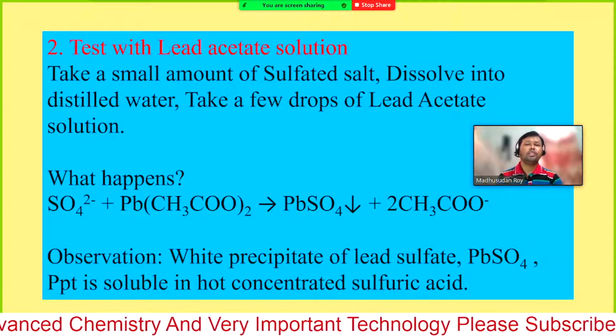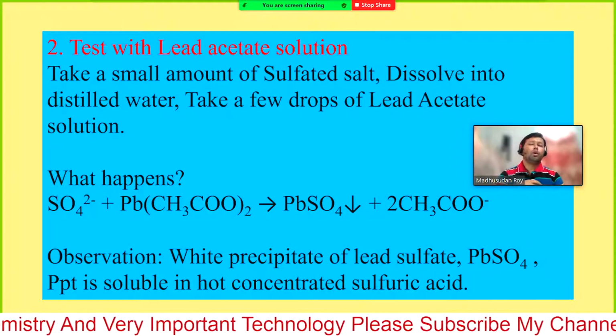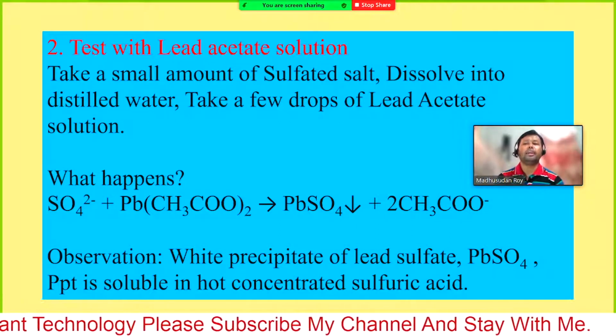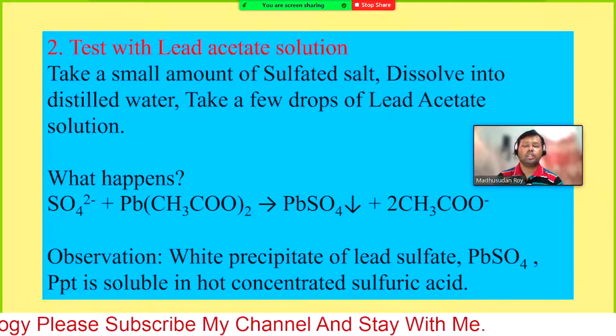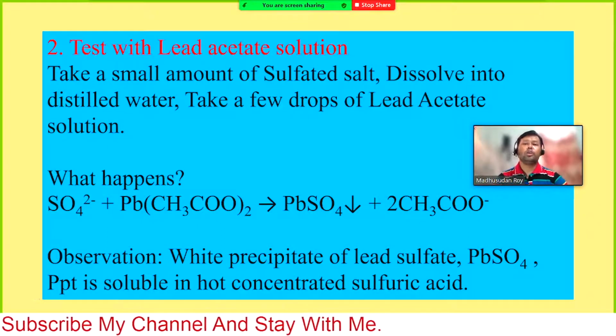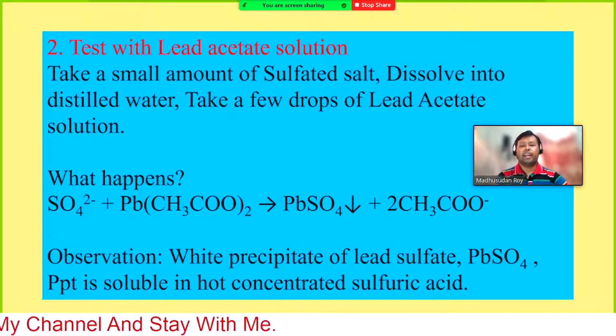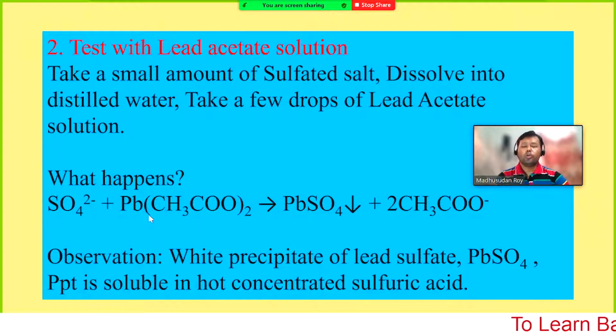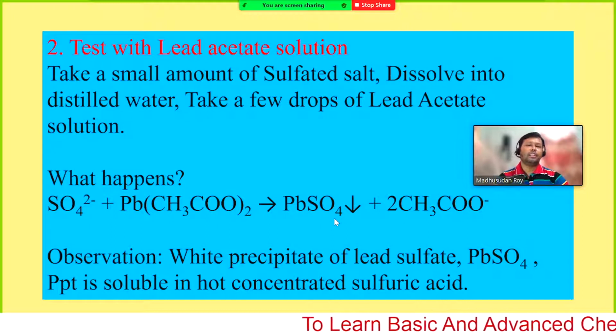That is your original solution. In most cases, to test for anions you need to prepare an OS or original solution. Take your original solution and add a few drops of lead acetate. The sulfate salt and lead acetate will react with each other to give a white precipitate.